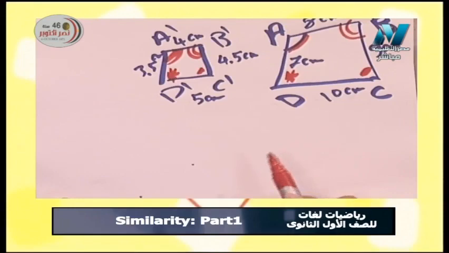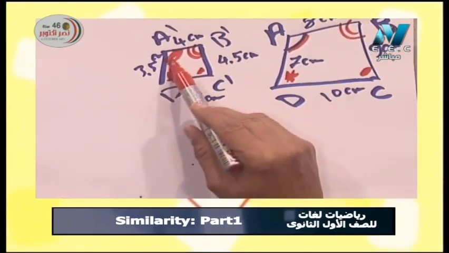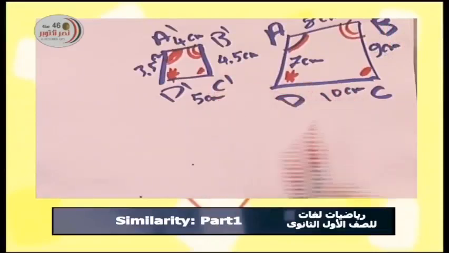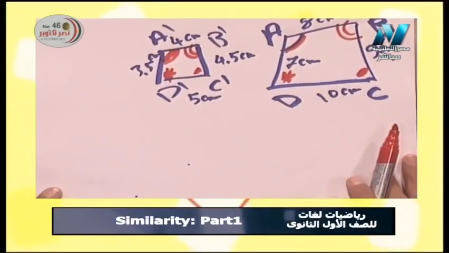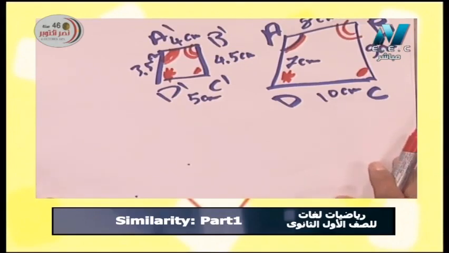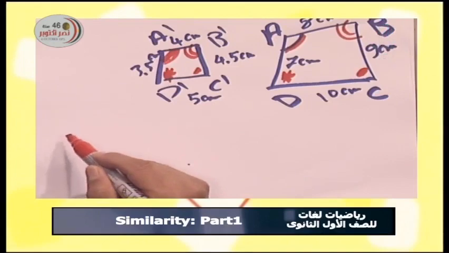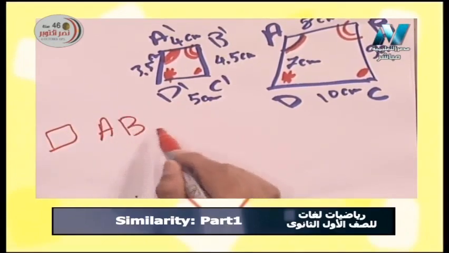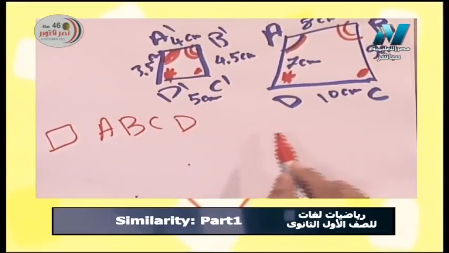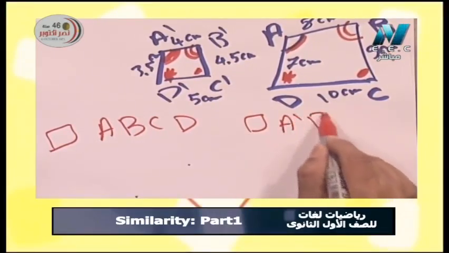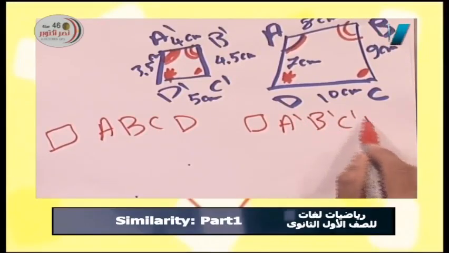So each two corresponding angles here are congruent. Okay, let's test the corresponding sides. We have the name of the first quad ABCD and the second quad A dash B dash C dash D dash.